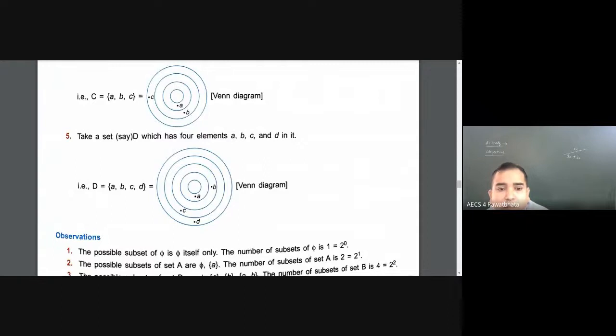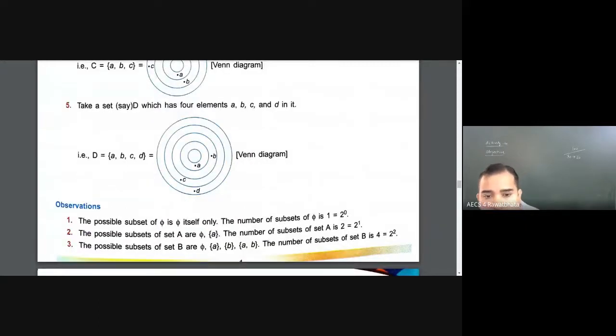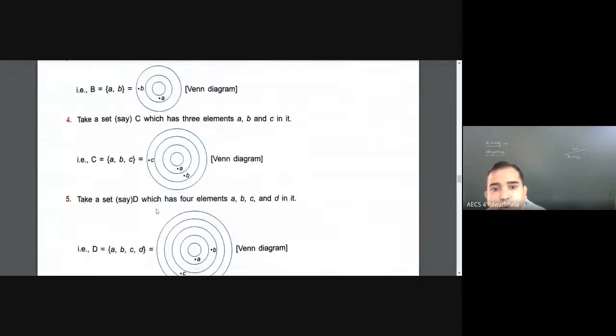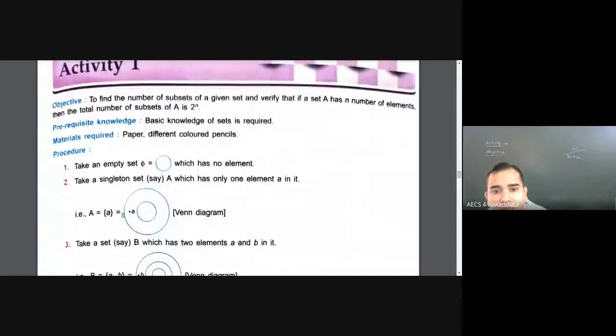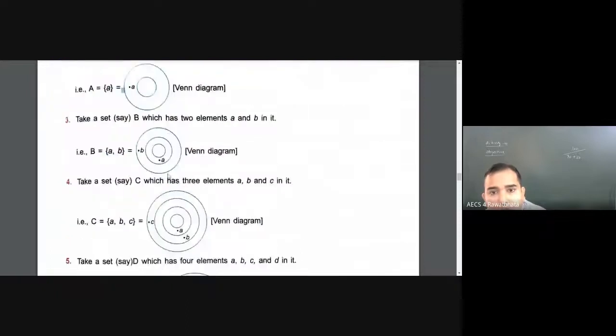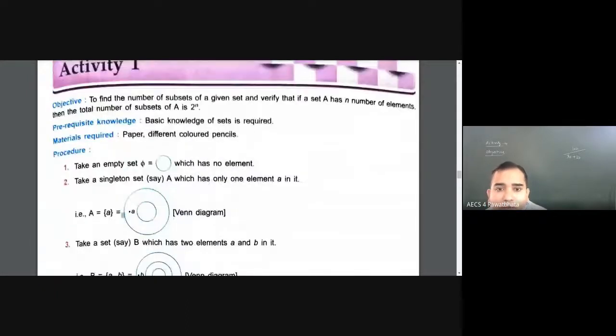Now let us find the number of subsets. You can find the number of subsets as you usually do. The subset of phi will be only phi. You can see this is the empty circle. It doesn't contain anything. Its only subset is itself. So with the formula that we have written, we will also keep checking by putting values in the formula, 2 raised to power n.